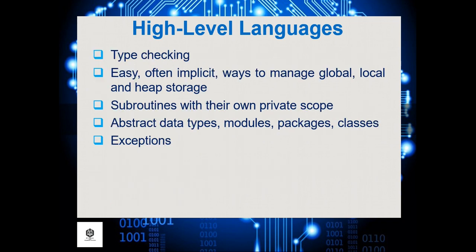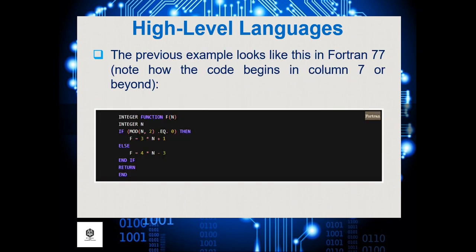High-level languages also offer type checking, easy, often implicit ways to manage global, local, and heap storage, subroutines with their own private scope, abstract data types, modules, packages, classes, and exceptions.